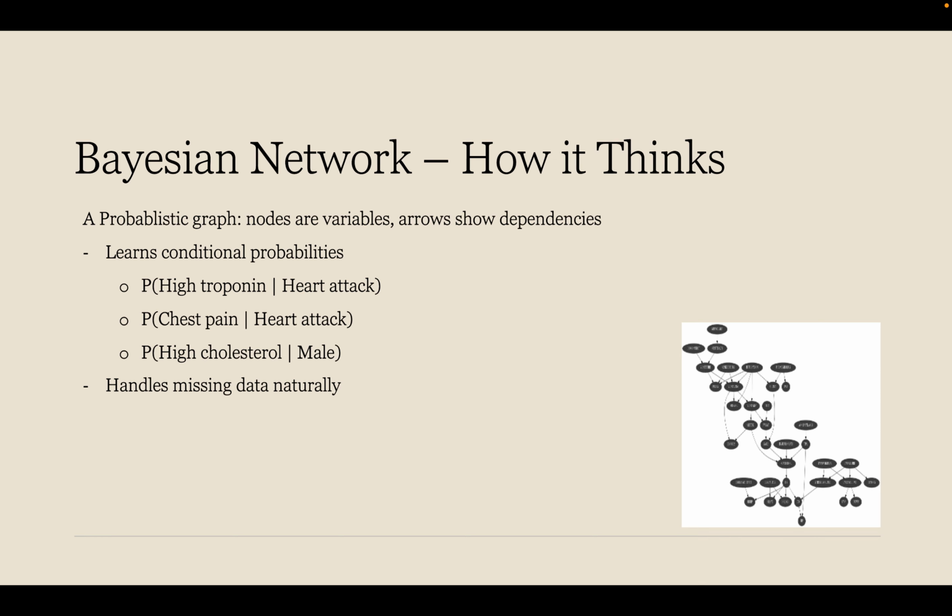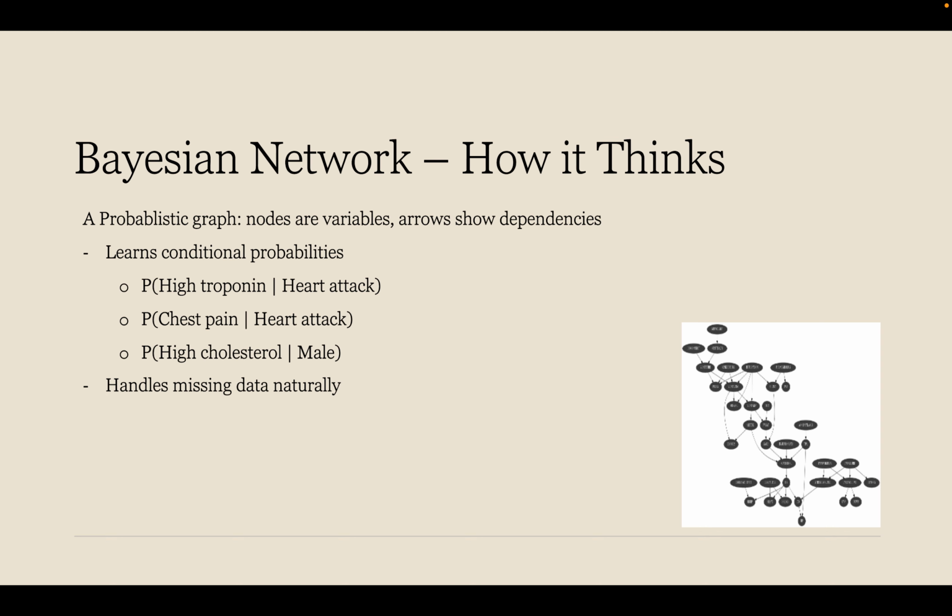Our last model that we will be reviewing is the Bayesian network. It represents how variables are probabilistically connected, instead of a decision tree where there's a set of if-then rules. It encodes relationships such as, if a heart attack is present, what's the probability of high troponin or chest pain?